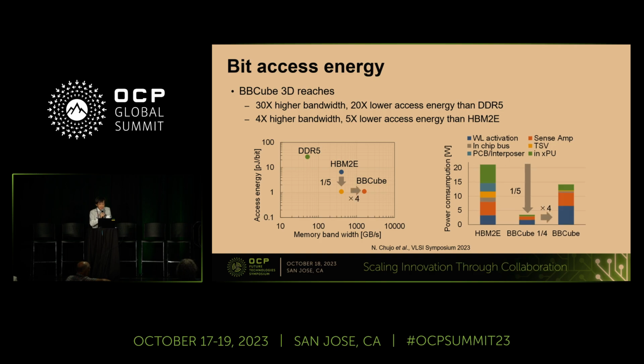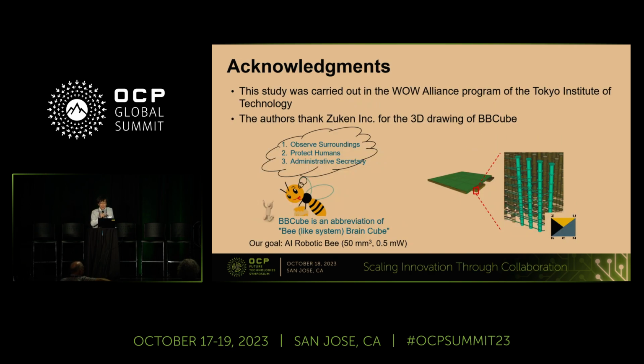Therefore, even if the bandwidth is made 4 times higher, the power consumption of BBCube is lower than HBM2E. In the HBM2E system, the power consumption of memory access is expected to account for up to 40% of the total system. When BBCube 3D is used, it can be reduced to 8%. Thank you for your attention.